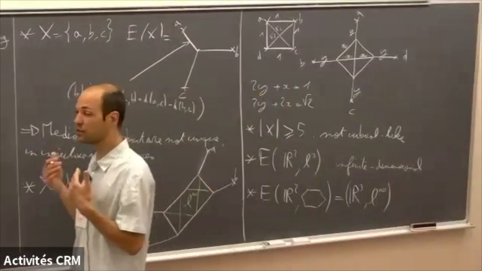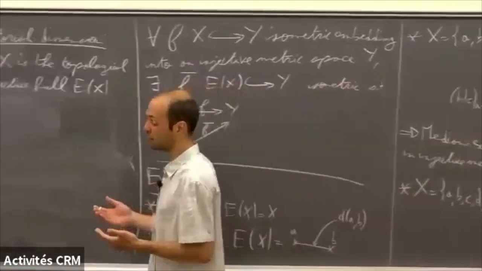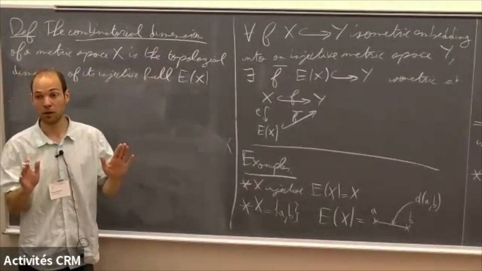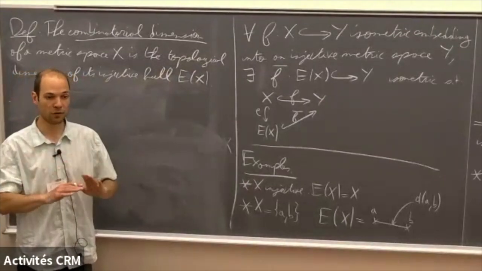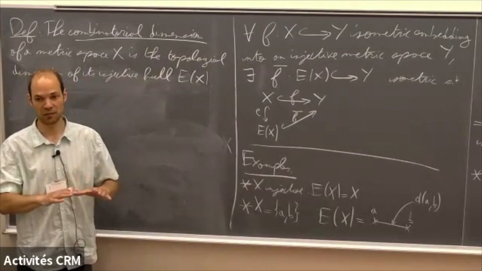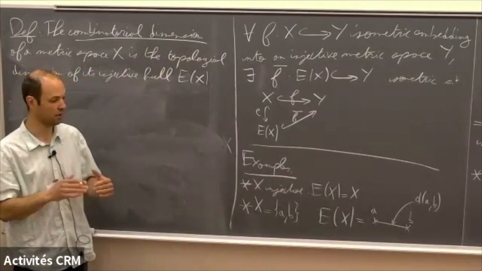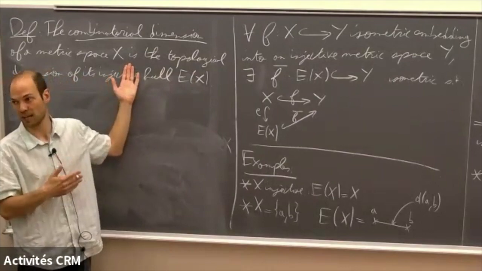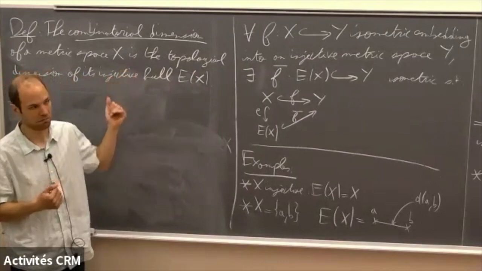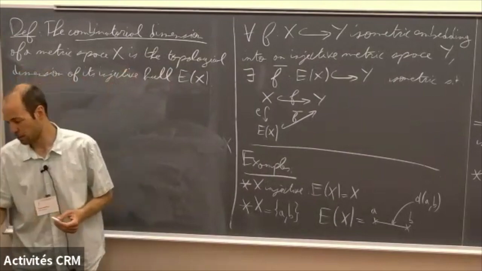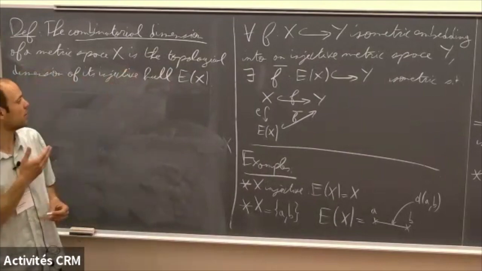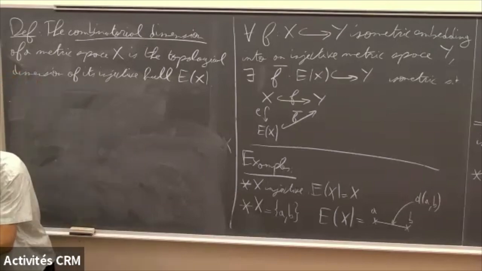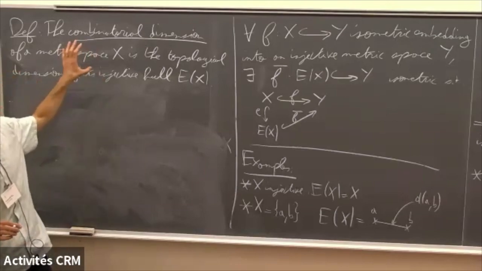What should you think of as injective metric spaces? Either you're infinite dimensional, or you're a cell complex with piecewise infinity metric. And then the dimension is the dimension of the cells, which should really be the dimension of the cell complex, if it's finite. That's the most interesting example to have in mind. This is a very weird dimension.